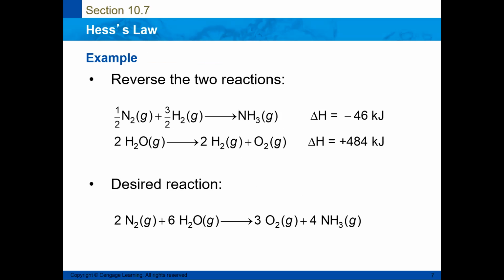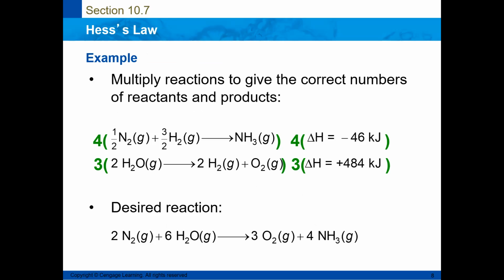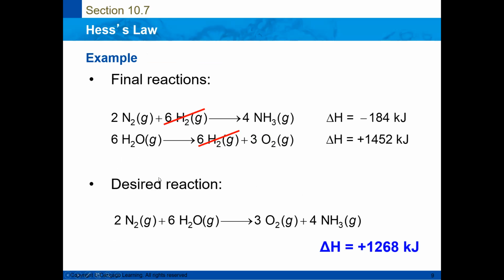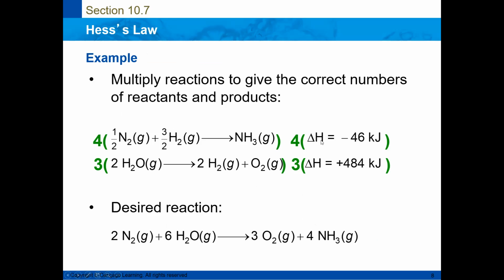All right, now look here. They're telling you what we did. Reverse the two reactions, so we did that because they're the desired reactions down here. So that's the first thing to do. We reverse them, so it looks like this. And then you need to multiply them by the correct numbers.